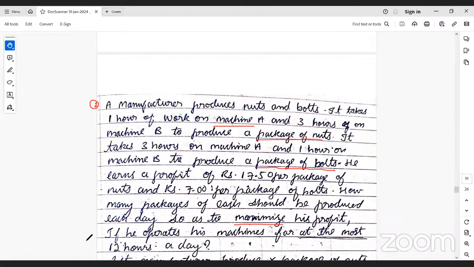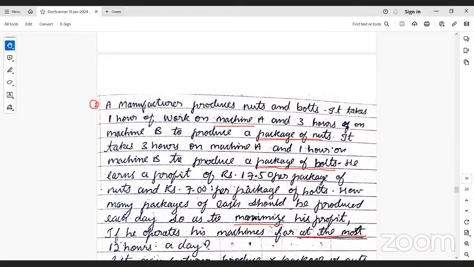And to do this, they are saying he operates his machines for at the most 12 hours a day. So see, they are making use of the words at the most. Machine A and machine B can maximum be used for 12 hours.